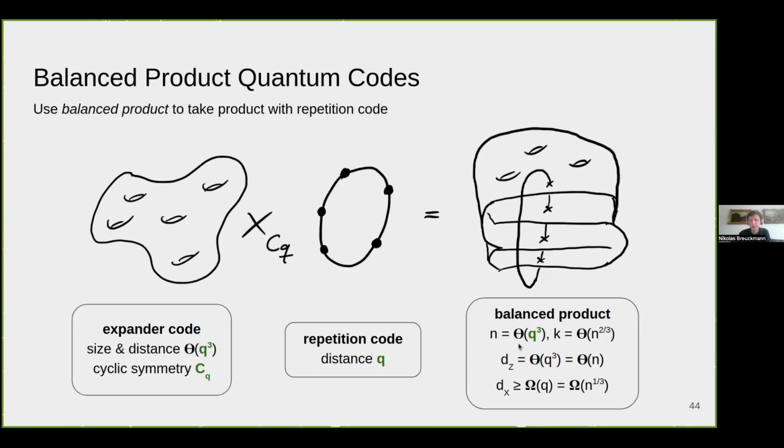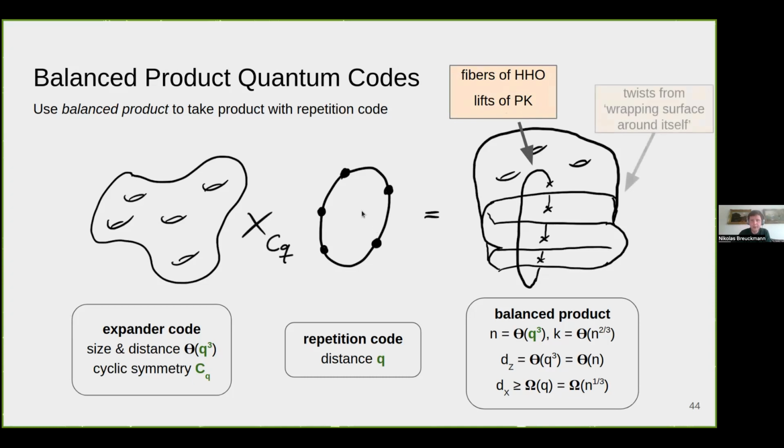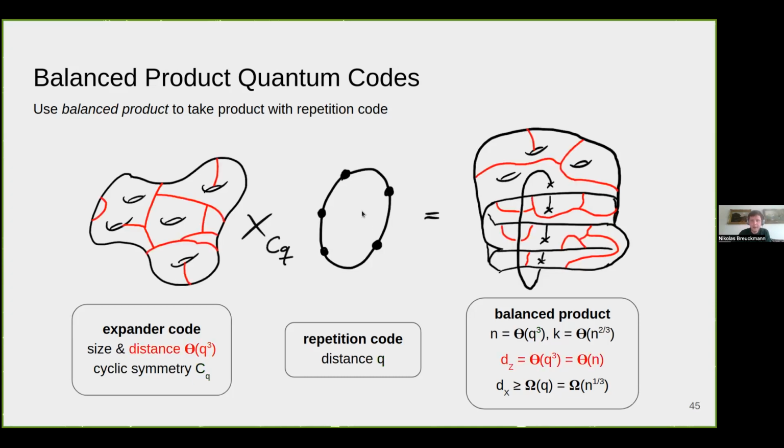So this is why we obtain n being proportional to q cubed here, rather than q to the 4th. I should mention in this earlier work by Hastings, Haah, O'Donnell and Breuckmann, Eberhardt, we had these fibers or lifts, and this is essentially these repetition codes that we glued in.